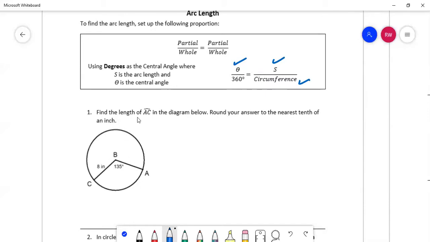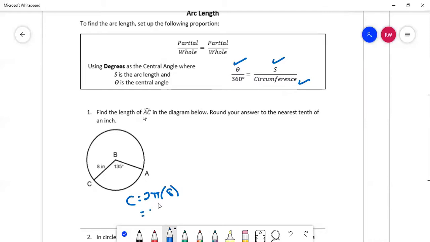Okay, so find the length of arc AC in the diagram below. Round your answer to the nearest 1/10 of an inch. So we're going to set up a proportion. Theta over 360 is equal to the arc length over the circumference. I'm going to automatically start off by saying my circumference is equal to 2 pi, and the radius is 8.